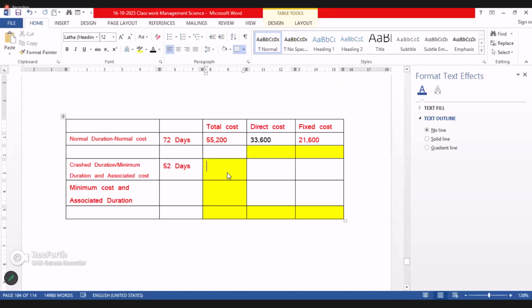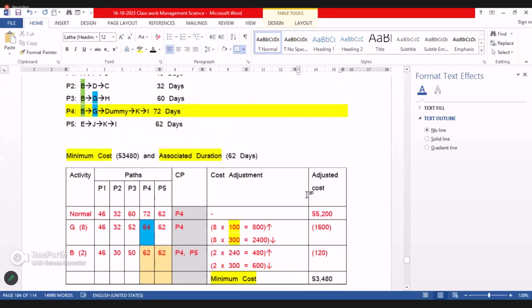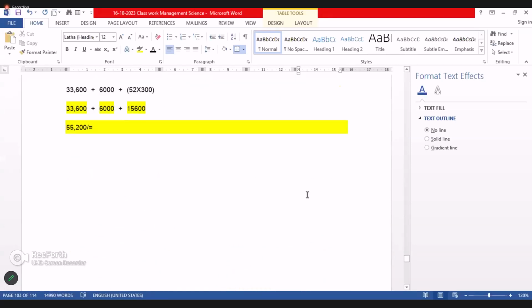What is the direct cost? 39,600. The total cost is this. Fixed cost for this crash duration time is about 15,600.